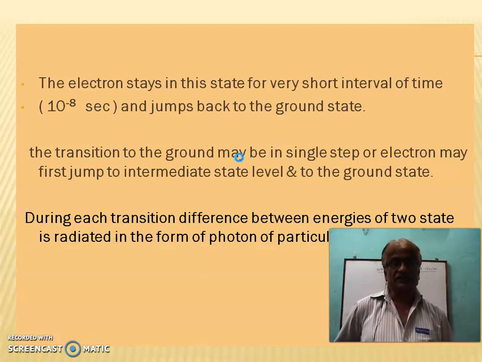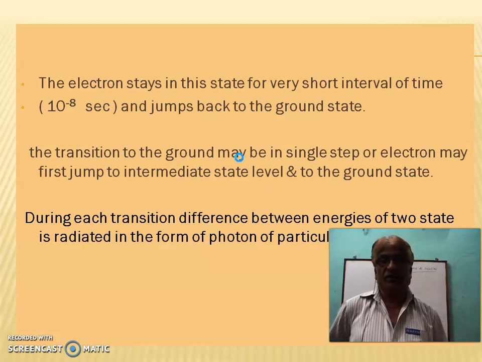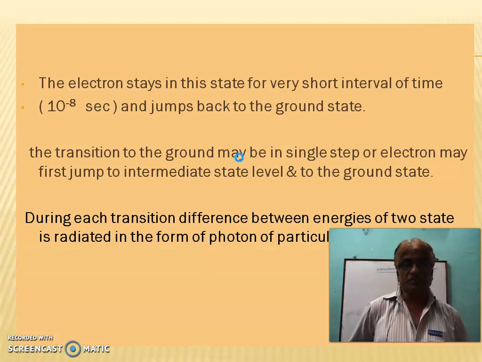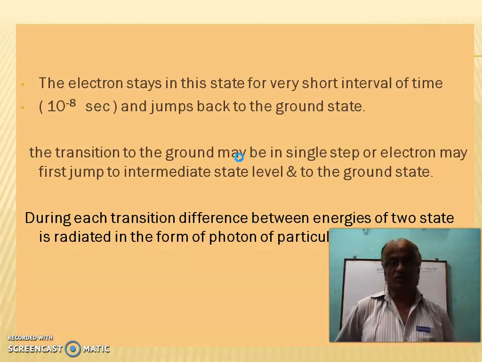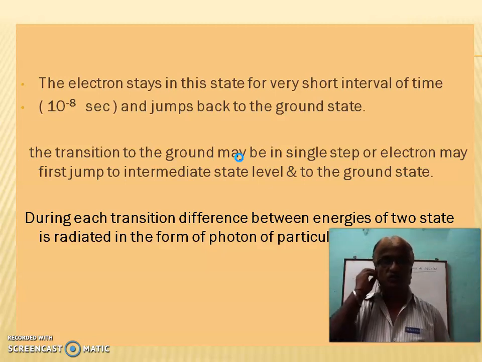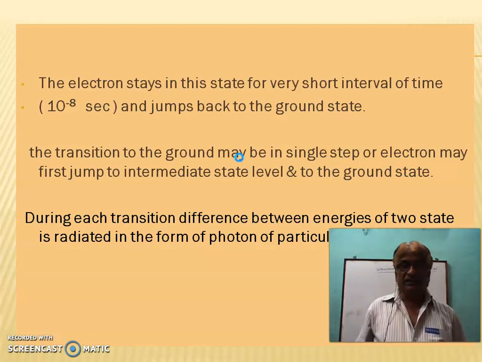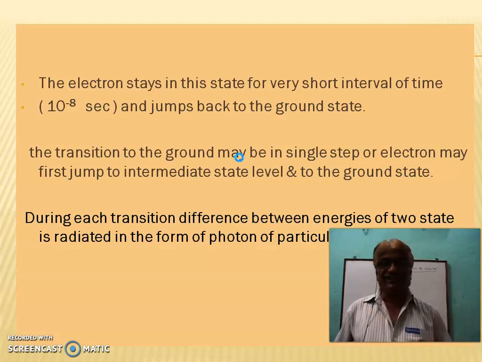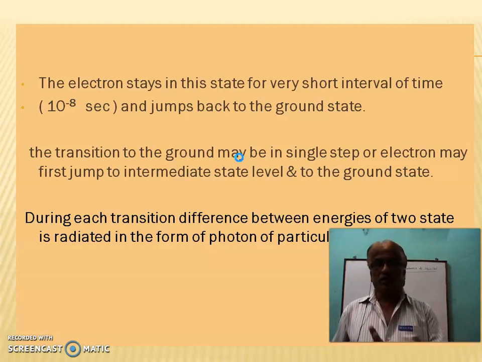The transition to the ground state may be in a single step, or the electron may first jump to an intermediate state level and then to the ground state.